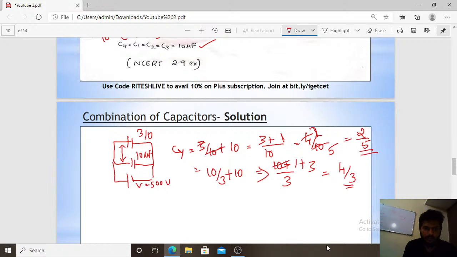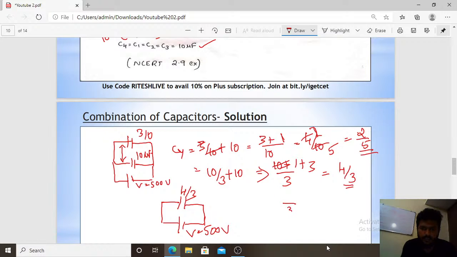So new circuit diagram, that is C equivalent, is nothing but 4 by 3, and here it is voltage of 500 volt. Yes, Devik, I got that. Yeah, seriously, 10 by 3.